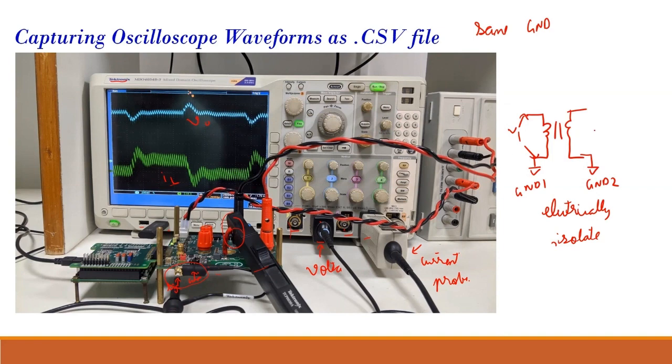This is the ground of probe 1, and this is the ground of probe 2. What will happen if I connect both these probes to my oscilloscope? Ground 1 is connected to your ground 2, and that is not desirable. That could result in a malfunction of your circuit, etc.